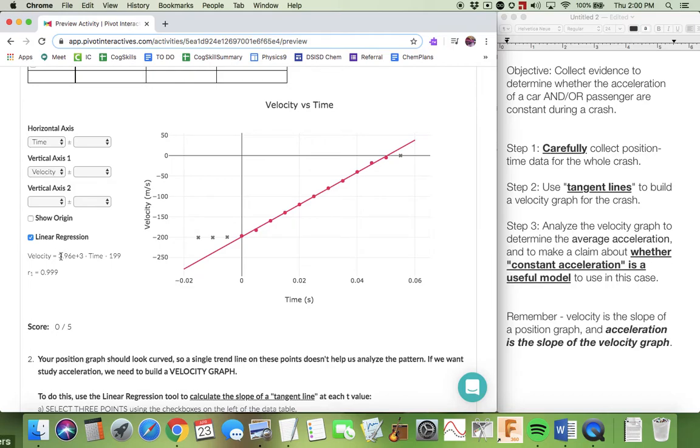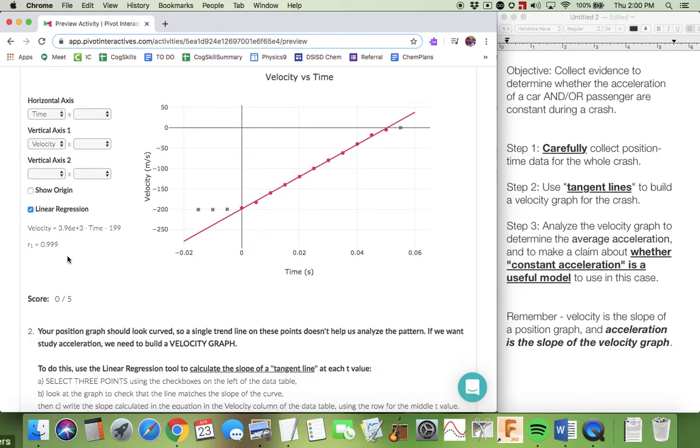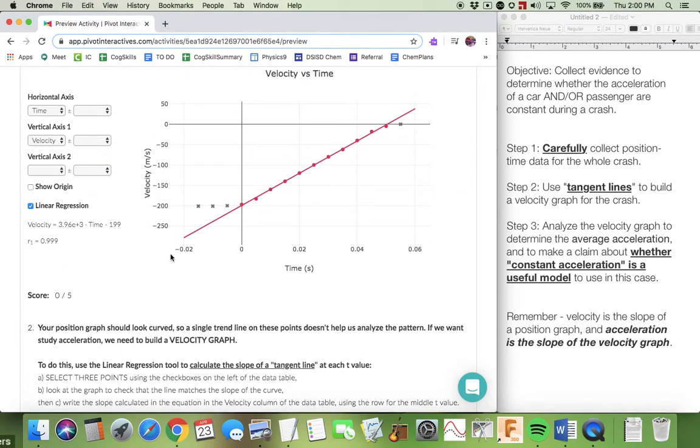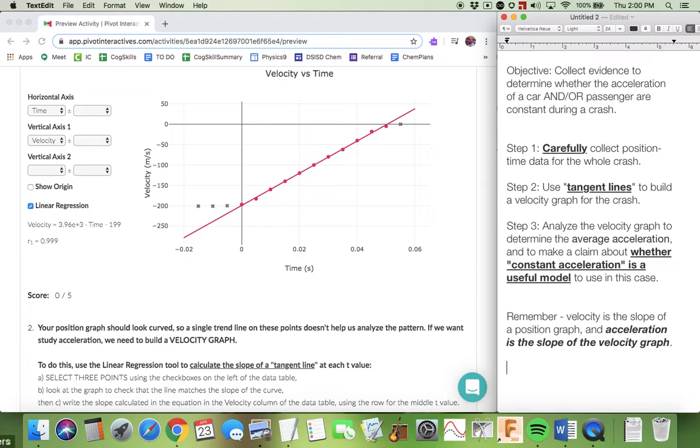This is giving me a number in scientific notation, so I need to actually do some calculation there. I'm not going to bother doing that. Your number will be different, but actually, sure, why not? If I did 3.96 times 10 to the third, that would be moving the decimal place 3 times. So 1, 2, 3. That's 3,960 meters per second per second.